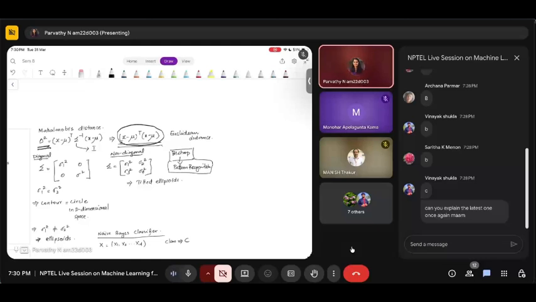And when you have the diagonal matrix, and the diagonal values are equal, the contour will form a circle in the d-dimensional space. That is why when sigma square into [1 0; 0 1] came, it is equal to [sigma square 0; 0 sigma square]. These values are equal, so it is a circle.